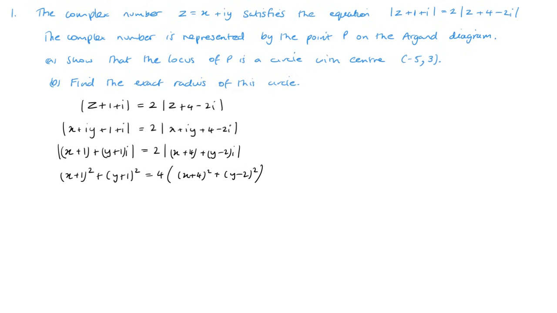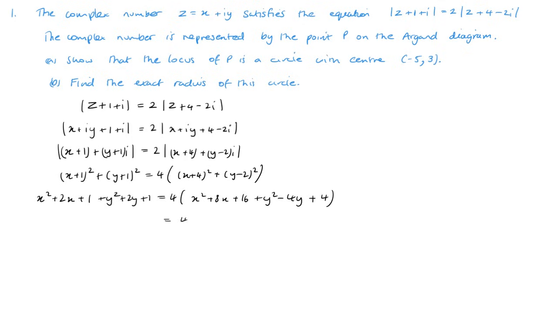And then let's expand them. So x squared plus 2x plus 1 plus y squared plus 2y plus 1 equals 4 brackets x squared plus 8x plus 16 plus y squared minus 4y plus 4.